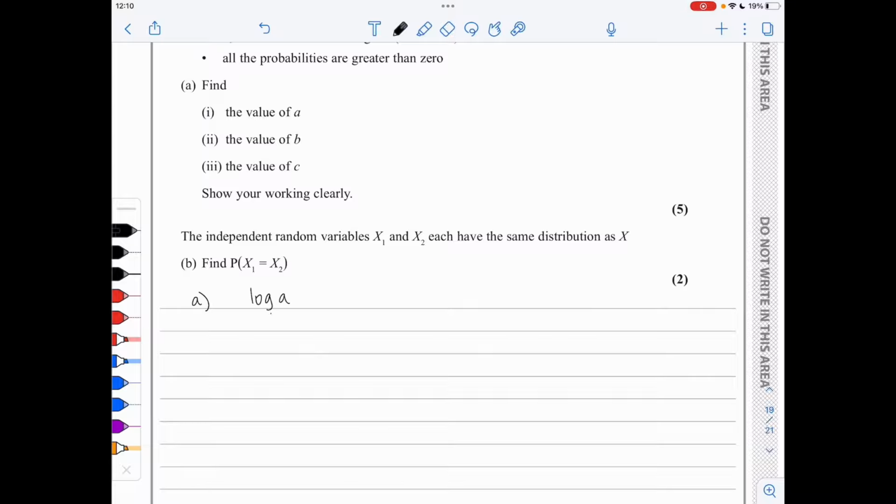So log a base 36 plus log b base 36 plus log c base 36 is 1. I use the product rule of logarithms, which says that this can be written as log of abc base 36, which is 1. So abc is 36.